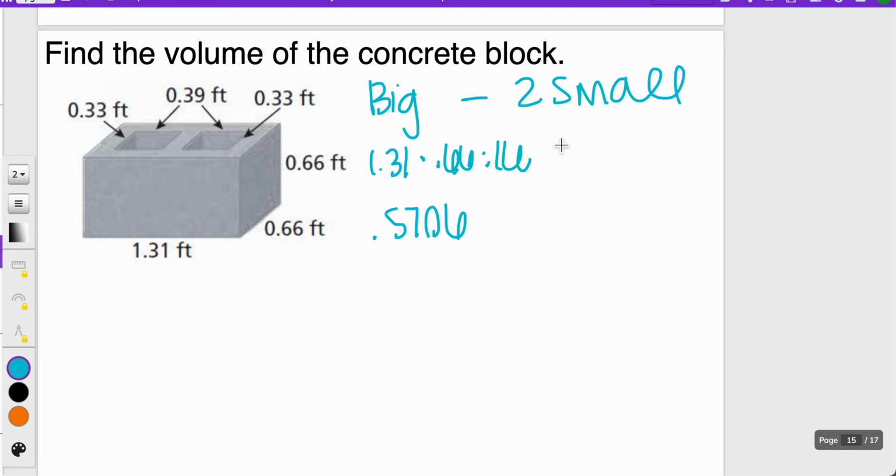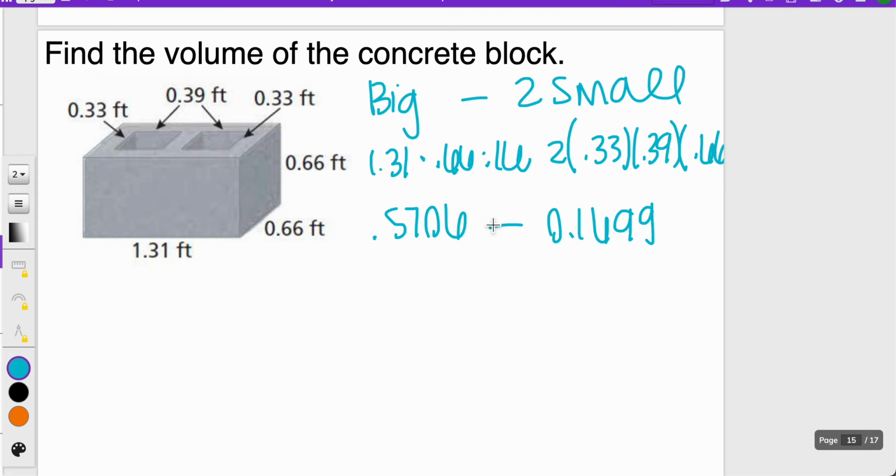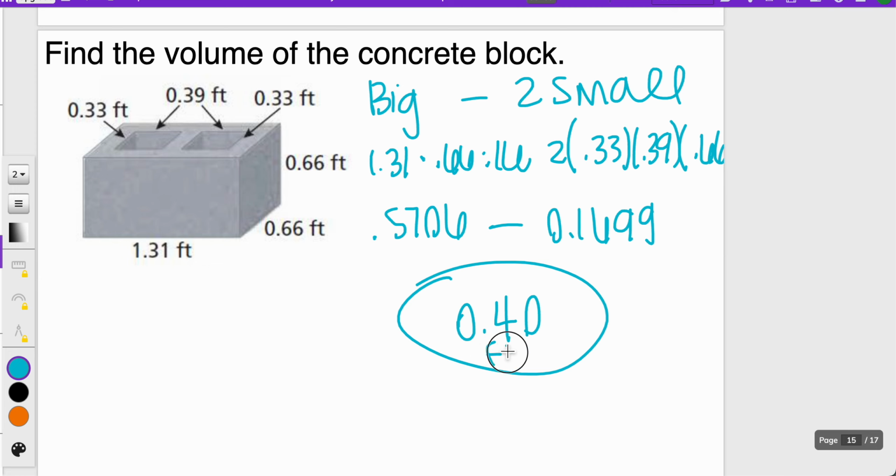Then your 2 small, 2 times 0.33 times 0.39 times that 0.66 height, you're going to get 0.1699, and then you're just subtracting because those are blocks taken out. So you should get about 0.40 rounded to the nearest hundredth.